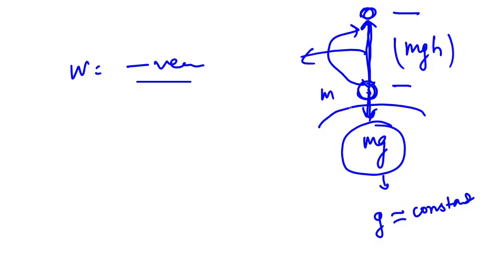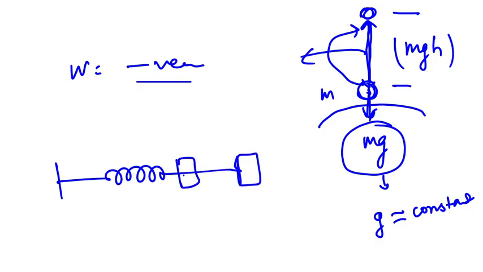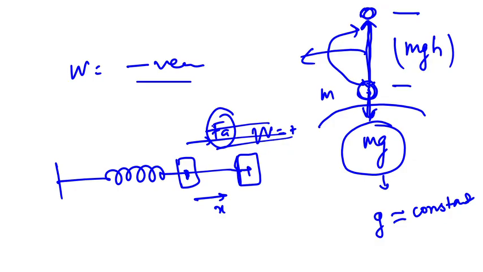The same argument we can carry forward here also. If there is a spring and you have applied some external force, the work done by that external force will be positive, because external applied force is here and the displacement is also along this force. Then work done will be positive. This is done by this external force, but we are not interested much in this. We are interested in the work done by this spring force. So what is happening here?